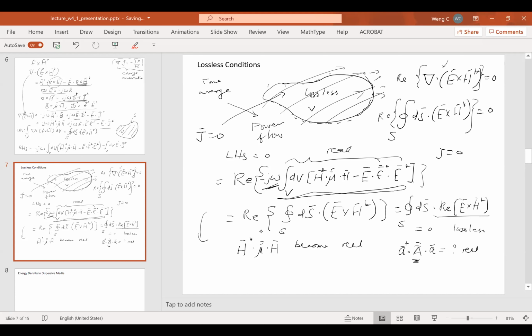This knowledge follows from matrix algebra. Does anybody know what that statement is? What kind of property must A have if this quantity is always going to be real?